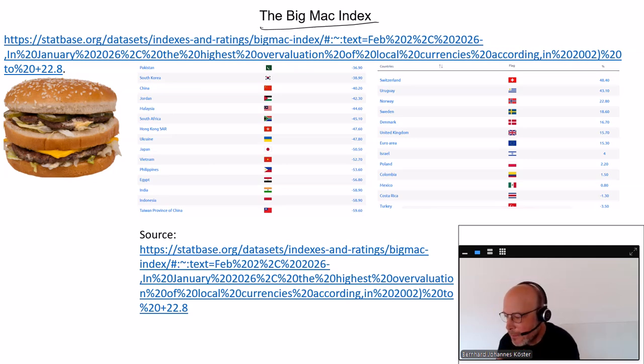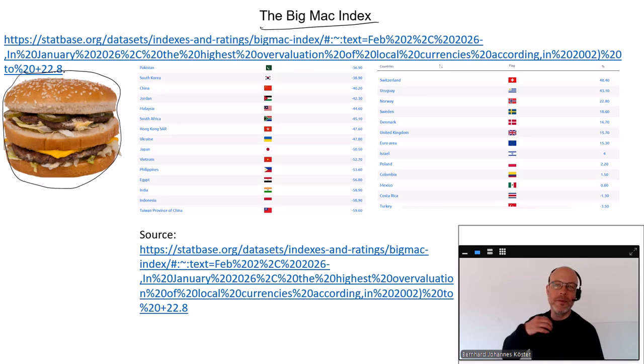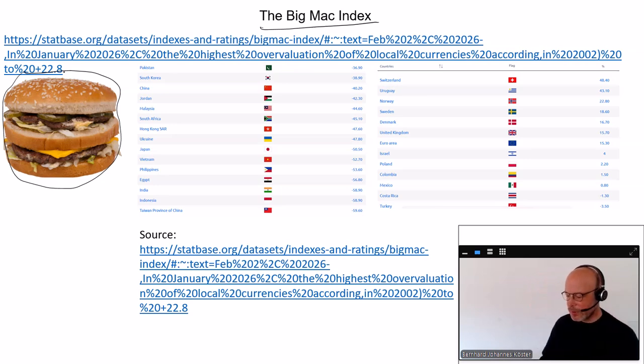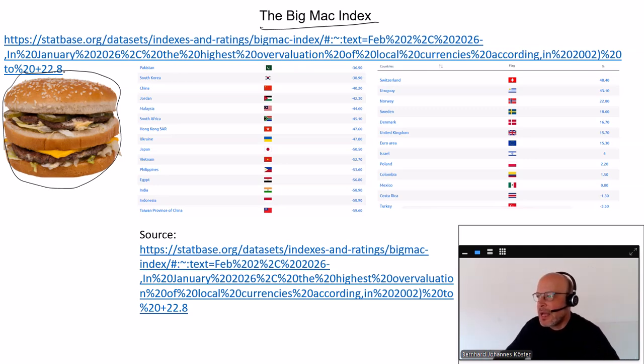So it is used for measuring the value of our consumer basket just by using only one good. And well, why is this Big Mac actually really famous? Well, behind this is the reasonable idea that the preferences for this good are very similar all over the world.